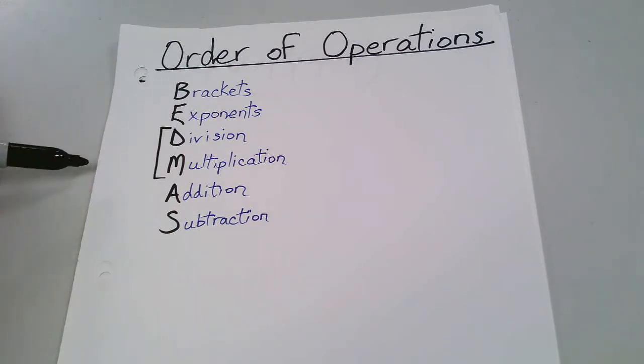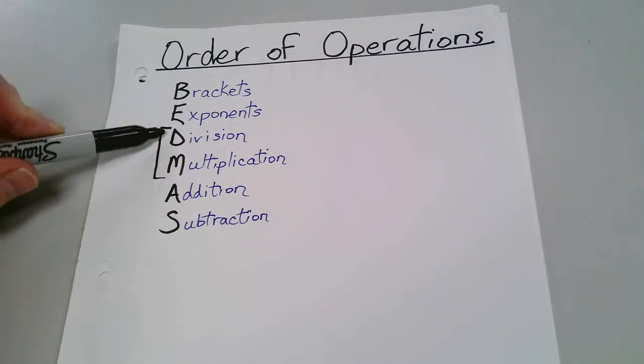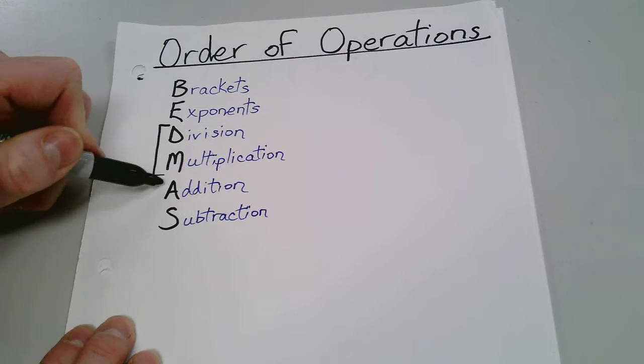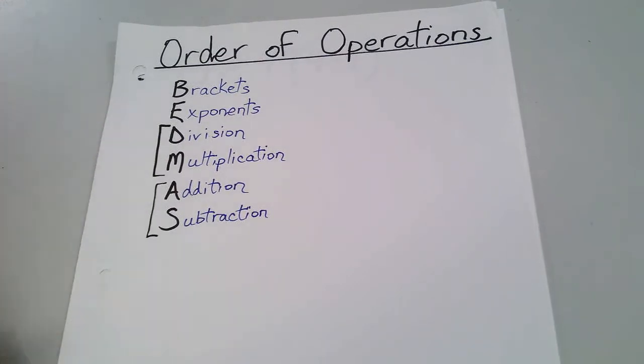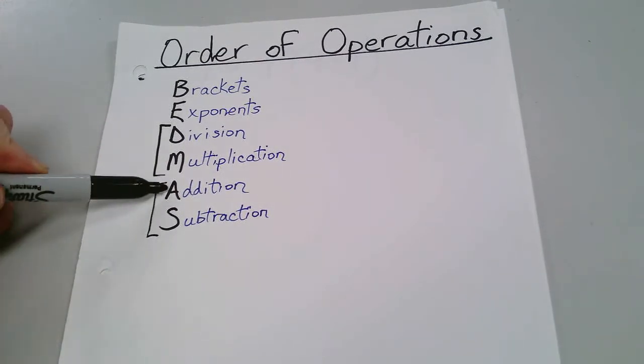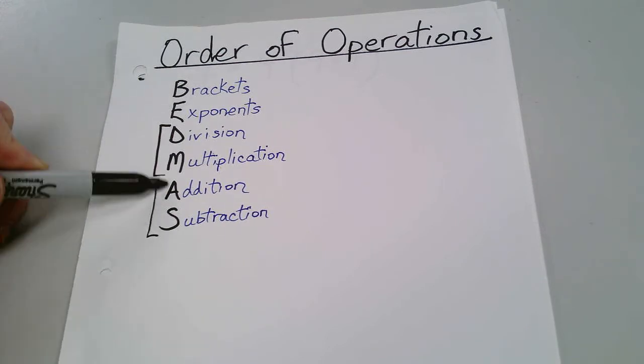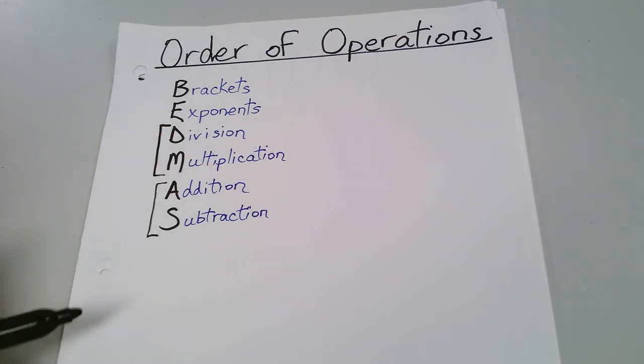So if multiplication comes first, you do that ahead of division. They're on the same level, even though you see the D higher here in the BEDMAS. The same is true for addition and subtraction. It's not like addition always comes before subtraction. It's whatever you see first in the question. So they're at the same level as well.